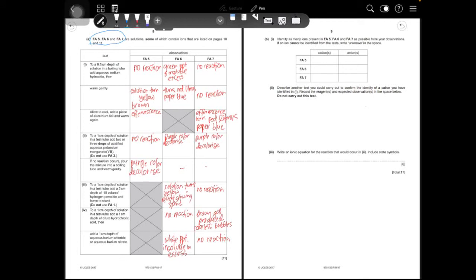In Fa6, when we react with sodium hydroxide, it will produce a green precipitate, and when warmed gently, it will turn red litmus paper blue, which indicates the formation of ammonia. And when we add an oxidizing agent, it will be oxidized. This is because the purple color of the oxidizing agent decolorizes.